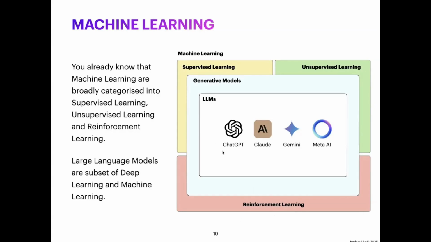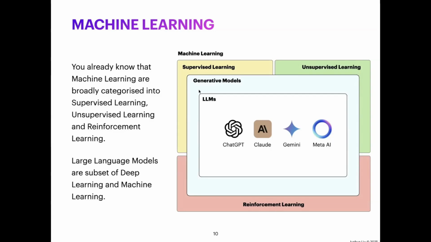And the common large language model apps that you are familiar with, such as ChatGPT, Claude, Gemini, and Meta AI, are all under the umbrella of generative models. And here we can see that these generative models fall in the conjunction of all these three categories.